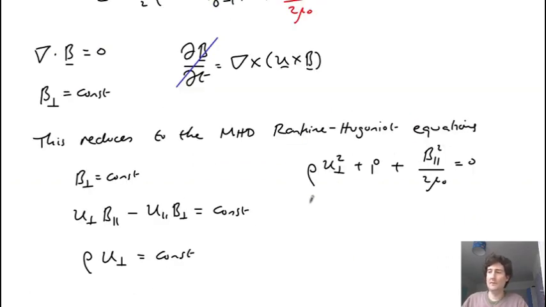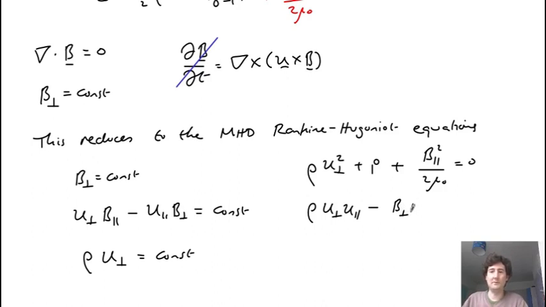squared here. Then the other component we can take is the mixed component, so we have a u parallel, u perpendicular. So u perpendicular, u parallel. And then because this is the mixed off-diagonal part of the tensor, the p plus B squared term doesn't appear, and all that's left is the magnetic field tension term.